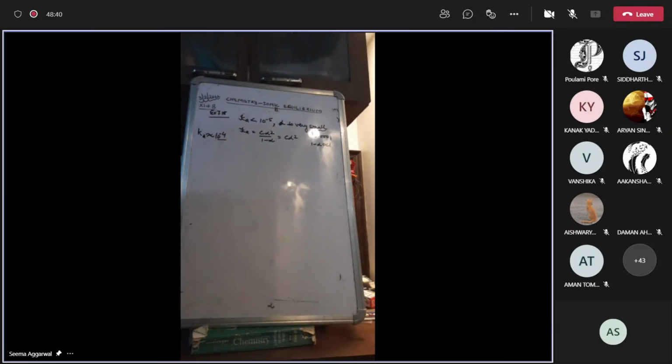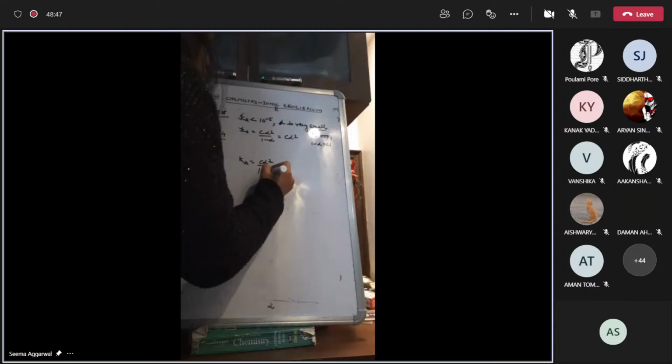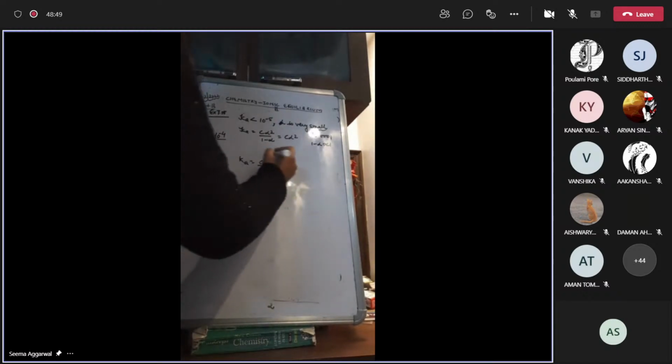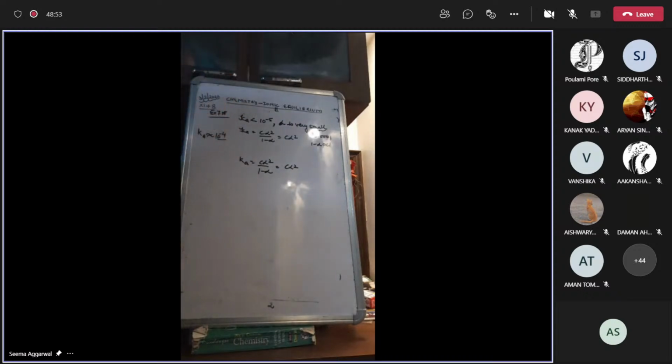Suppose in the previous question that we have done, we have taken Ka is equal to C alpha square upon 1 minus alpha, and then we are getting a quadratic equation. If you are neglecting alpha and you are writing it like this, the teacher will deduct only half mark at most, but you are able to solve the question very fast. So sometimes you are short of time in the numericals, because this is going to be a subjective paper this time.